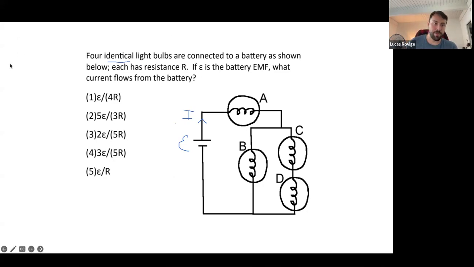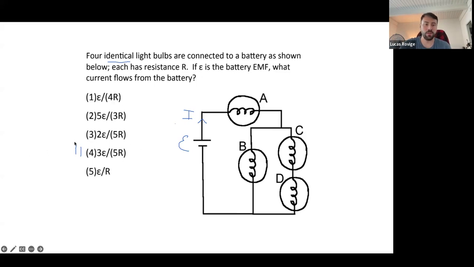Okay, I gave you some time to think about that. It seems like most of you have the right idea. It's number four. So for once, this is a quiz that needed some thinking and a little bit of calculation.